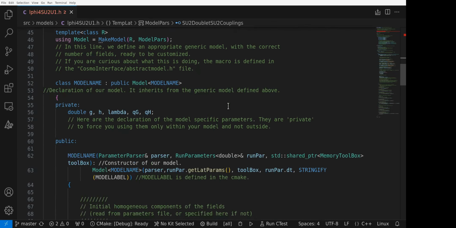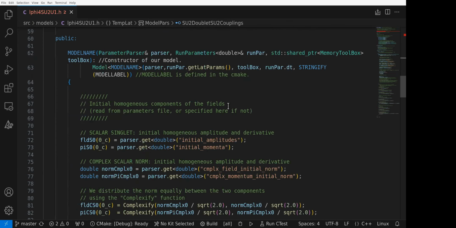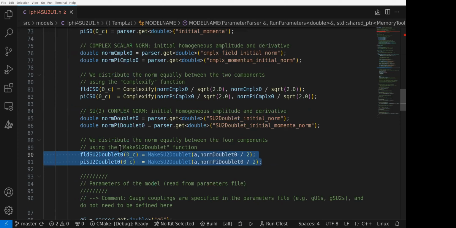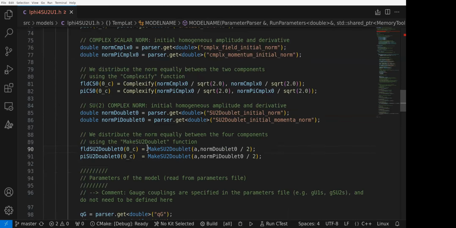Then all the rest is similar, except that now, as Paco showed for the initial condition, here we are reading some norm for the initial condition. The way we do it is that we just put a homogeneous field in the zero condition in this example. Here, we get the norm of the SU2 doublet, and then we put the same strength of the norm in all different conditions.